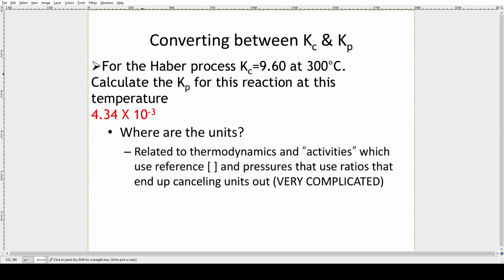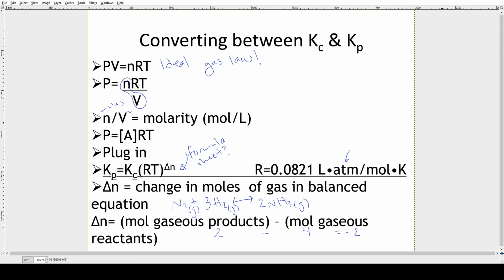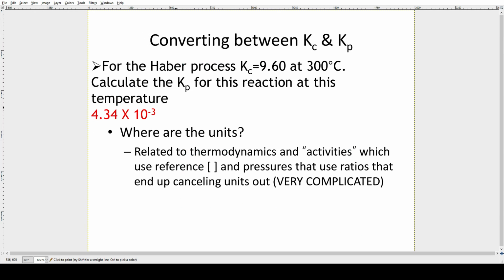Okay, so for the Haber process, we're given Kc at some temperature, and we're going to calculate Kp for the reaction. So get that equation out. Here it is. Kp equals Kc times RT to the delta n.